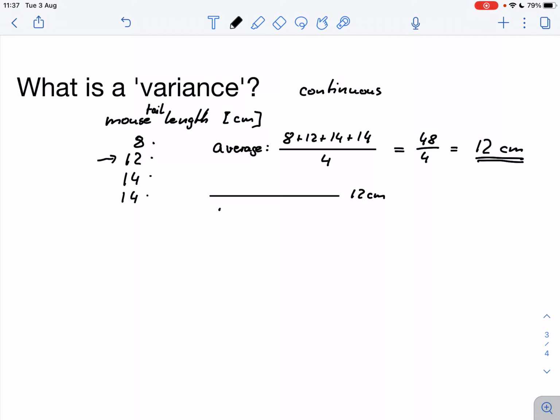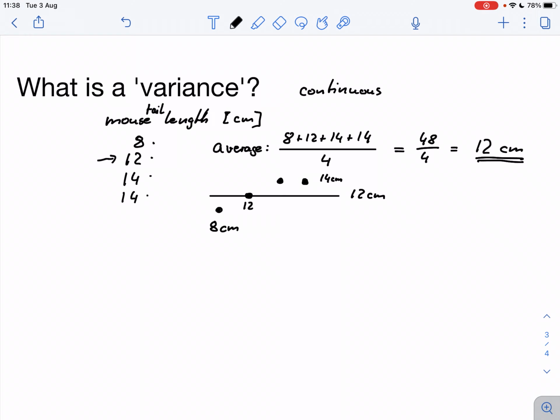And we have a mouse with 8 centimeters. That is below average. We have a mouse with 12 centimeters. That's bang on. And we have 2 mice with 14 centimeters each. So that is our spread.